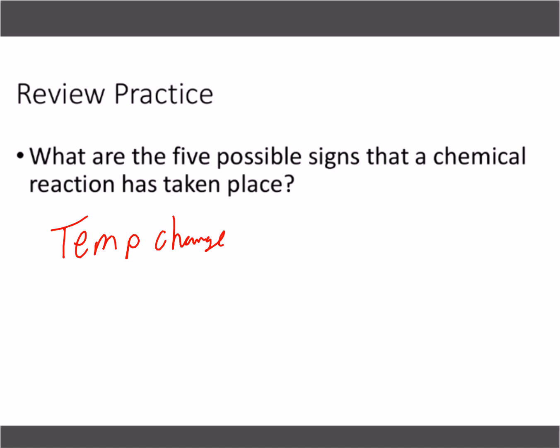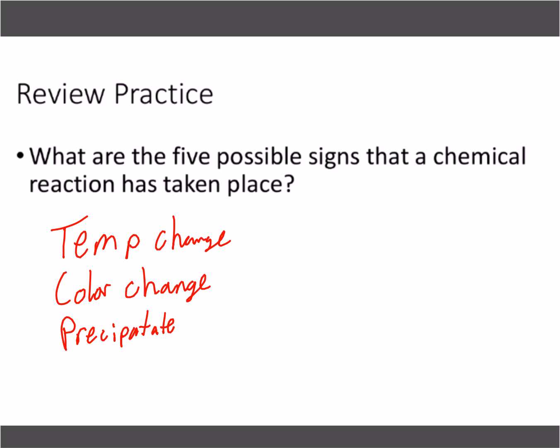Hold on. Maybe you want to jot these down if you don't remember them. Mikey? Is one of them light? Light is sometimes. There's better ones than that. Catherine. Color change is one. Nope, because they're not physical changes. They're chemical changes. Lily. Smell, again, is sometimes. So we're going to leave that off to the side. Sam? Okay, so formation of a precipitate.